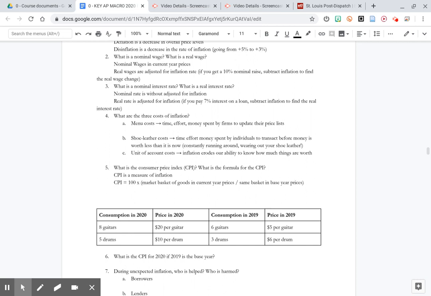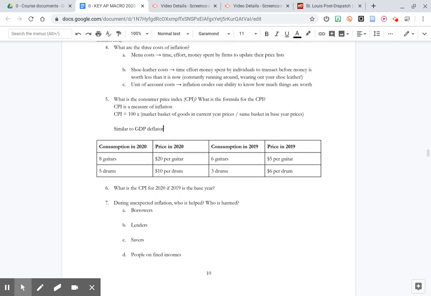It's very similar to the GDP deflator because they perform the same function. They are indexes that allow us to judge how much prices have changed in the whole economy. We can use the CPI and do a percent change to say how much inflation there was since last year.